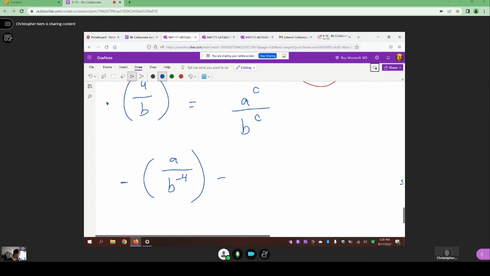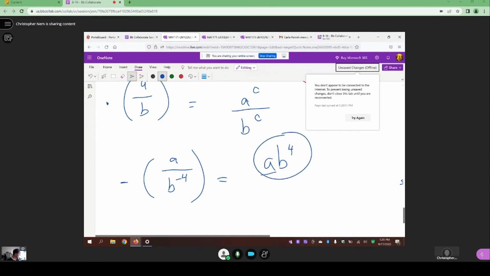So instead, I'm going to move it to the top because that's the inverse. So it's going to be a to the something times b to the 4th power. All I did was move it to the top. Now, I could put a 1 over here. Technically, if I divided everything out or multiplied everything else or canceled anything out, there's technically a 1, unless I'm adding. So you could also leave it as over 1 or just by itself. That's perfectly fine.